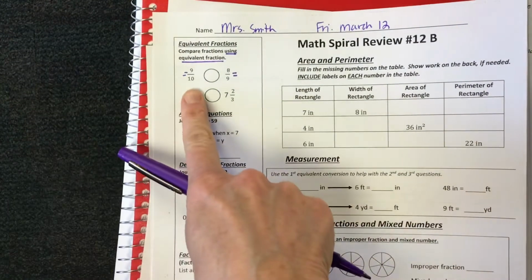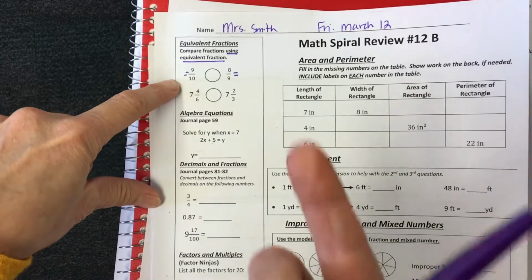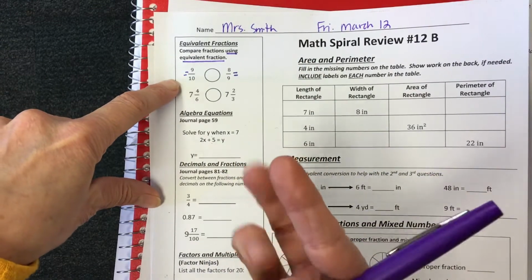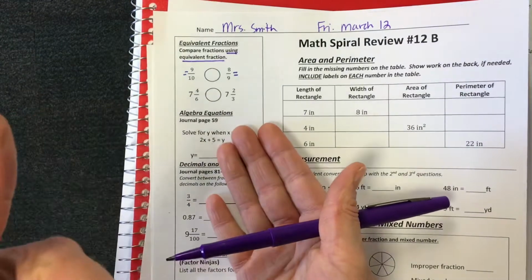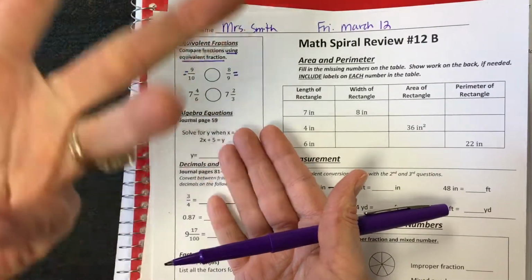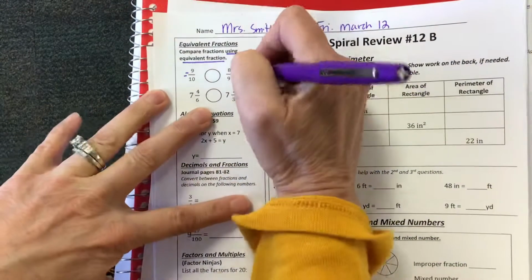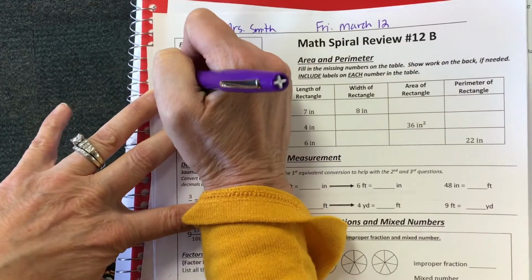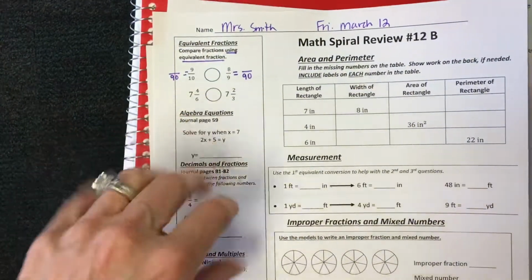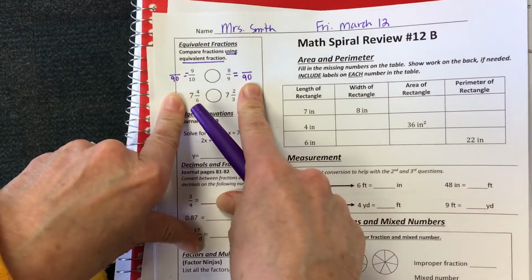So if I think about the multiples for 10, I know that they are 10, 20, 30, 40, 50, 60, 70, 80, 90. The first one I come to that is also a multiple of 9 is 90. So my equivalent fraction for each number is going to have 90 as the denominator.